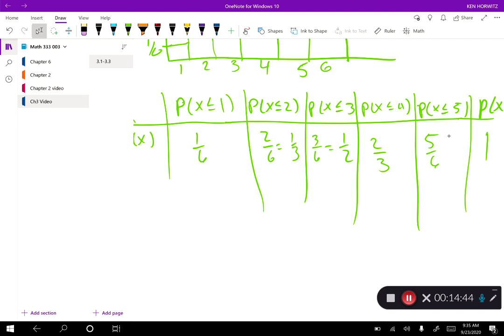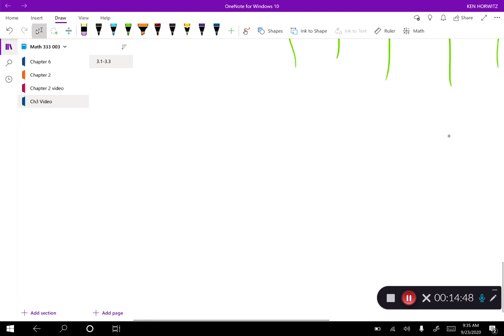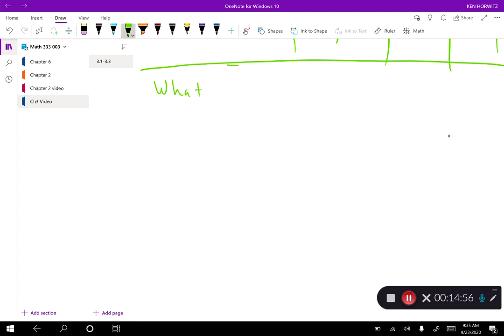All right. So here's an example. What is the probability of rolling a 5 or higher?